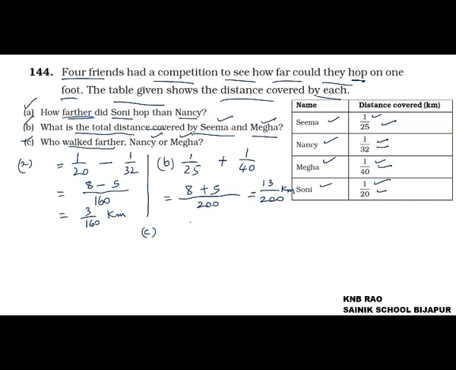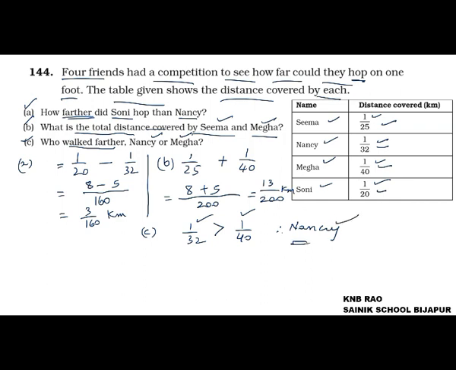If you are comparing 1/32 with 1/40, you can see since the numerators are same, whose denominator is smaller, it will be greater. So 1/32 is bigger. That means Nancy covered more distance, walked more distance. So that is the answer to sub question C.